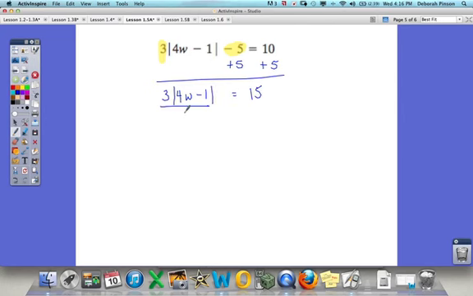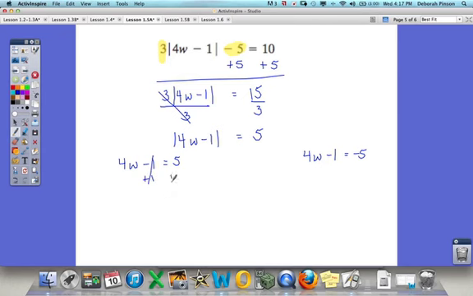And then I'm going to go through and divide by my 3. Now see how I fixed that problem of having extra stuff in there? Make sure you fix that first. Then you can set up your two equations.